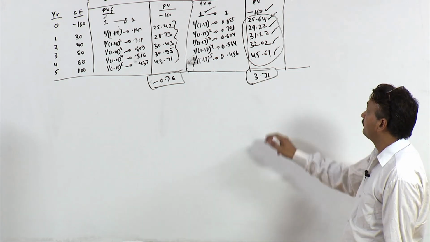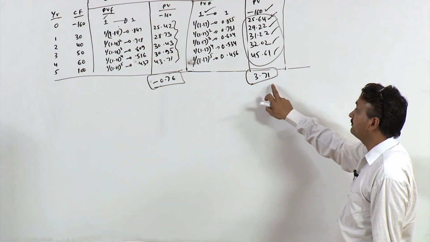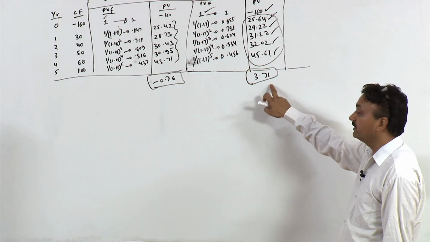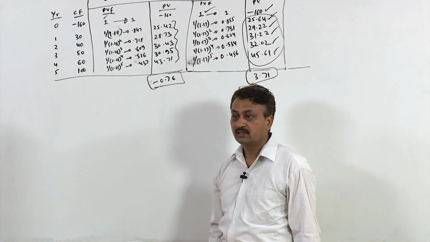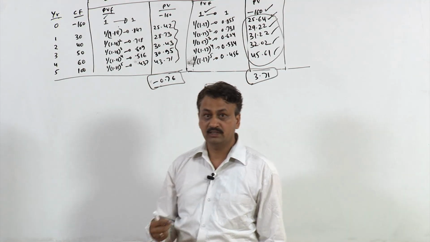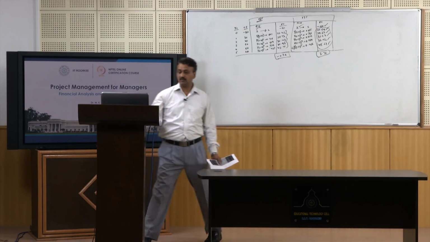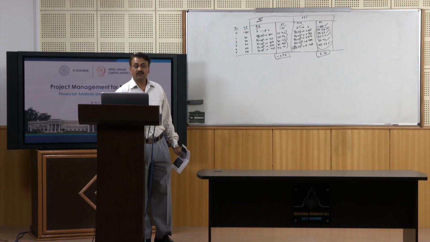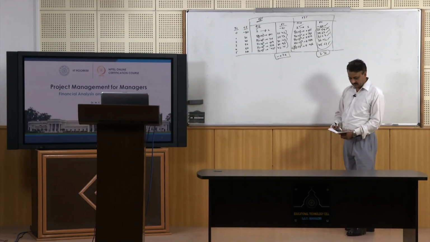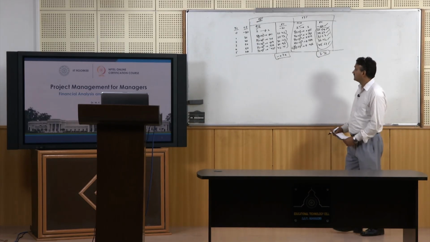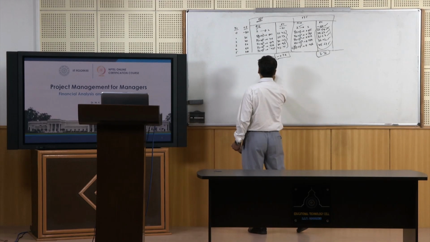So at 17% NPV value is just positive, at 18% NPV value is just negative. Now we know the formula for interpolation, right? And what's the formula? This is the formula. So we will put all these values in this particular formula and we'll get IRR. So let us look at IRR.